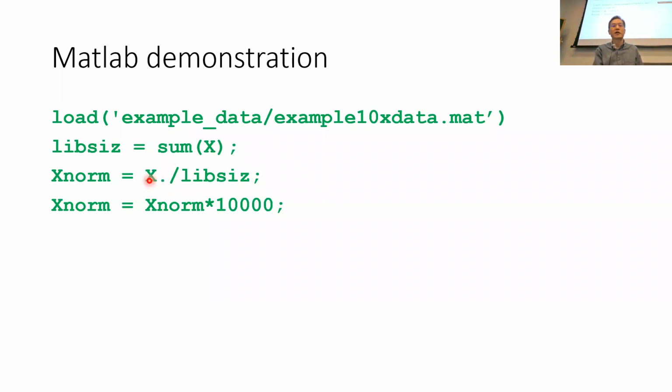And the program is smart enough, it knows to divide each column by the corresponding library size. If you like, you can multiply by a factor, say 10,000. Otherwise, the normalized value is too small, maybe 0.11. If you multiply by 10,000, you don't change anything, you're just scaling the factor to a larger reasonable level.